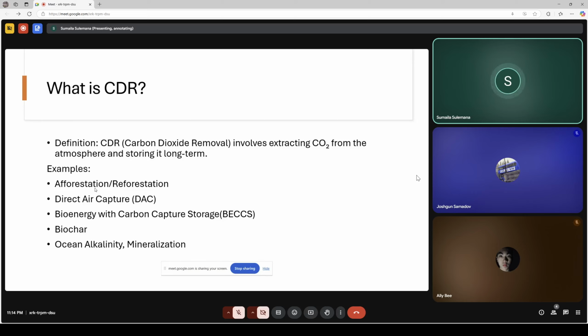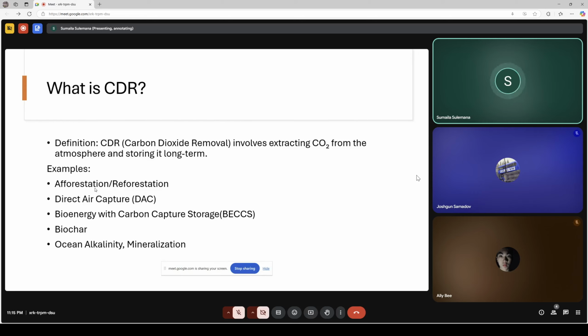Biochar is also an example of a CDR where we look at heating organic masses, or pyrolysis. It involves a process called pyrolysis, which is high temperature, and it's mostly done with little or no oxygen at all on organic masses.